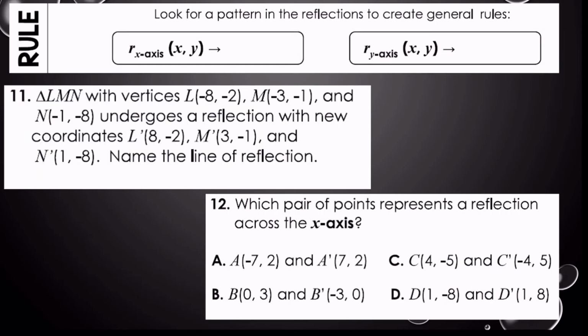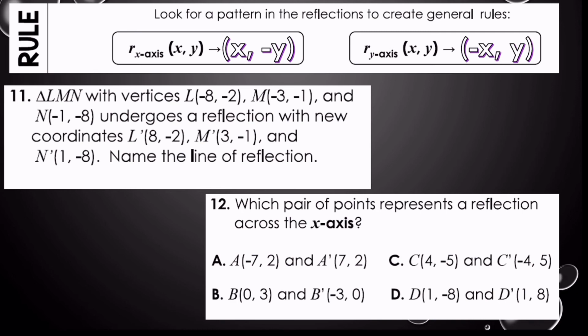So I hope you found a pattern, and this is the general rule, okay? When I'm reflecting, if I'm reflecting across the x-axis, my x stays, my y changes. If I'm reflecting across the y-axis, my y stays, but my x changes. So look at 11 and 12.